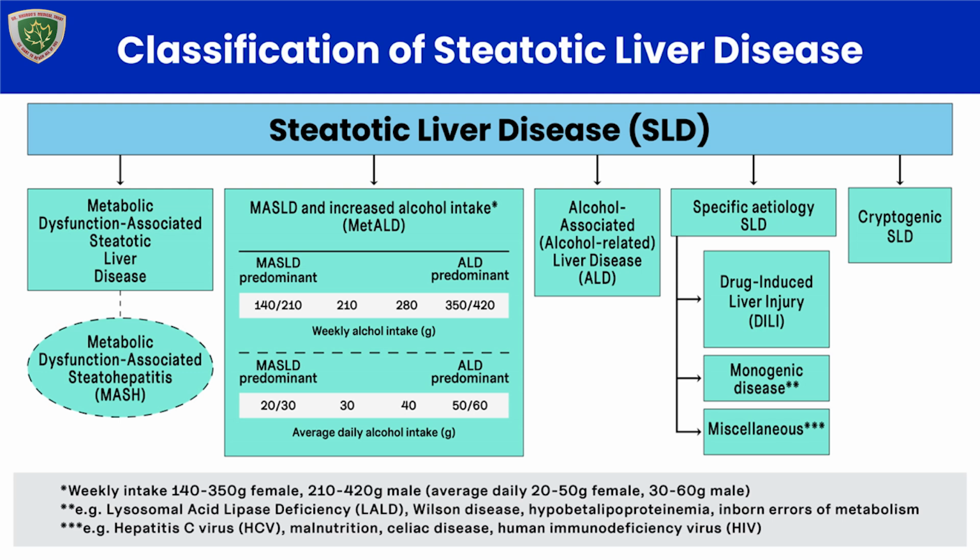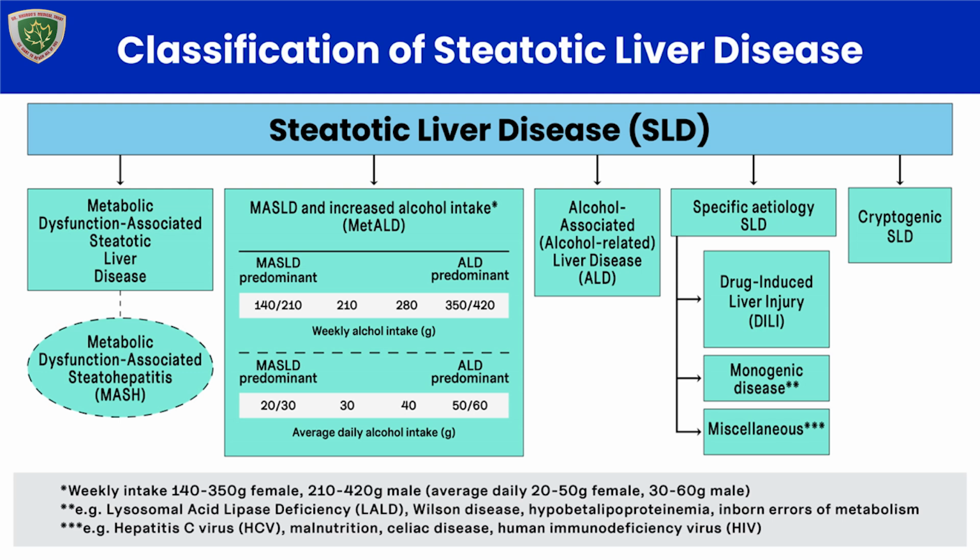Metabolic Dysfunction-Associated Steatohepatitis, MASH, is the replacement for NASH. A new category outside pure MASLD, termed MetALD, was selected to describe those patients of MASLD who consume some amount of alcohol per week.